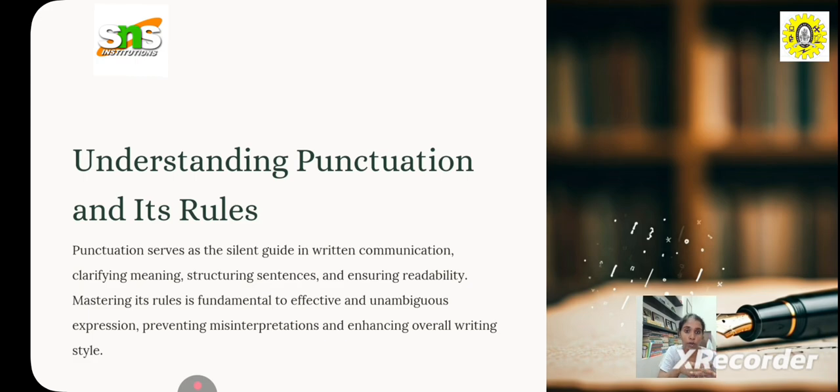These four punctuation marks are called ending punctuation marks. So these four marks we usually use at the end. All sentences must end with the terminal punctuations. So period, question mark, exclamation, and ellipsis we use at the end of the sentence.